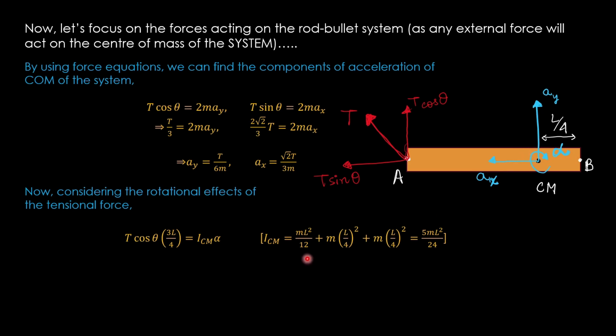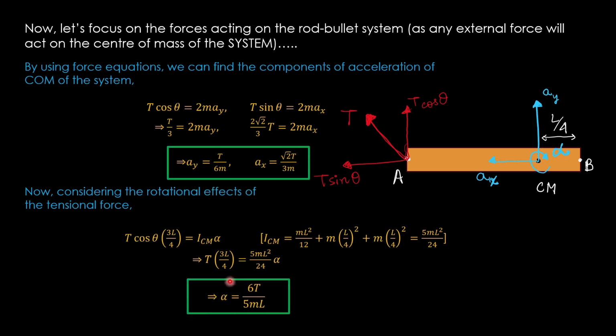So mL square by 12 plus m of L by 4 whole square. This gives us the contribution of the rod, and this is the contribution of the bullet. So we get the entire I_CM as 5 mL square by 24, and we put it here in this equation. By further solving, we easily find the value of alpha in terms of capital T and m. This is the second breakthrough of this problem. So we actually find the value of omega, and then we find the value of alpha.